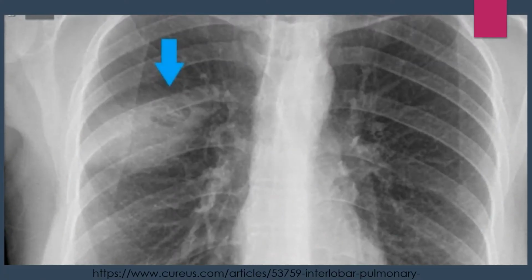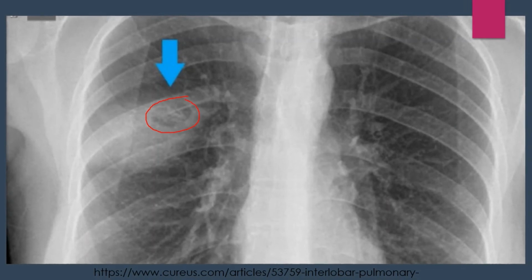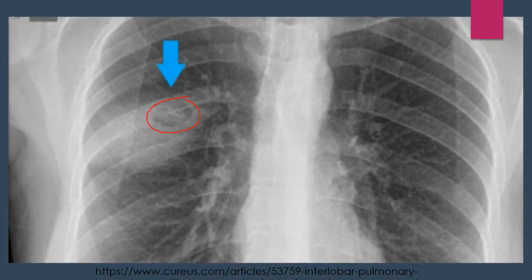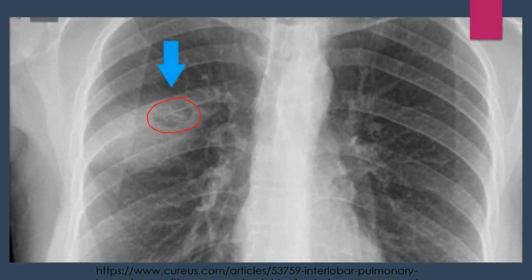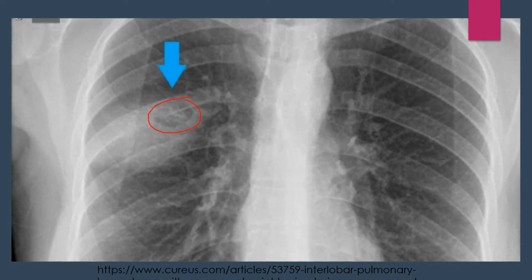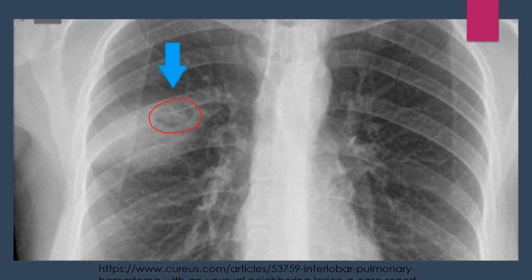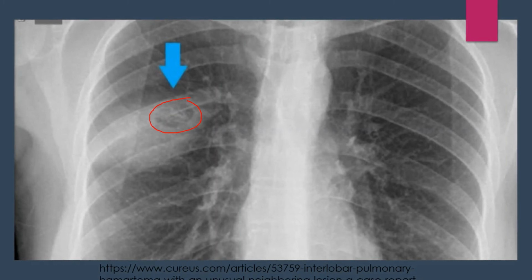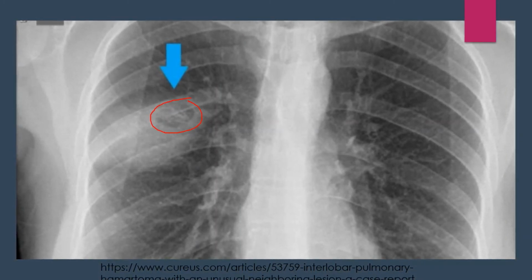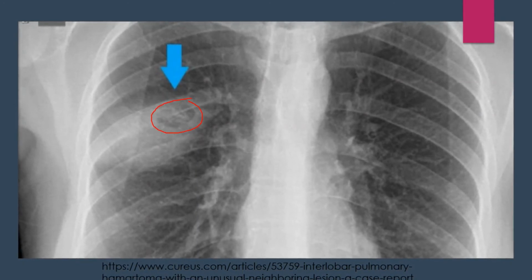Here I'm showing an image of a hamartoma. This is a pulmonary nodule, and I got this from the source shown here. Again, a hamartoma is abnormally arranged tissue present at the normal location. These cells belong to the lungs, but they are arranged in a disorganized way.